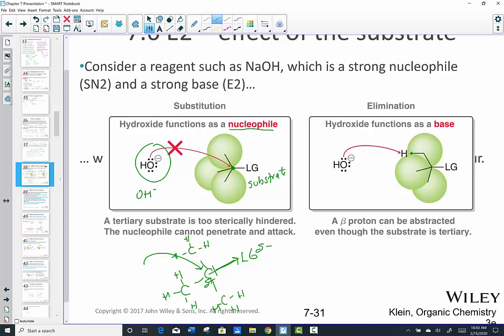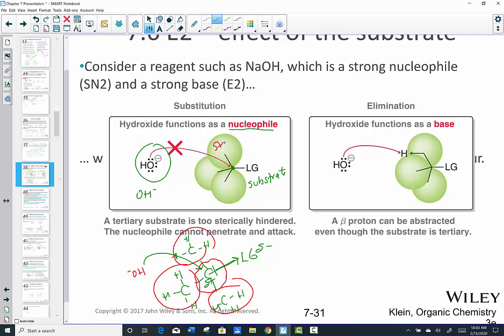The leaving group is very electron rich. How well can this target be hit in a bimolecular collision by a base such as hydroxide if there's all kinds of steric hindrance covering that electrophilic carbon? Tertiary substrates are often too sterically hindered, and the nucleophile cannot penetrate and attack the electrophilic carbon.